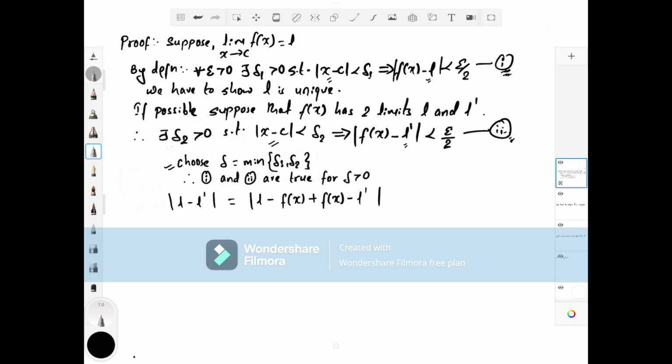We have subtracted and added f of x. Now using the triangle inequality, we can write this as less than or equal to modulus L minus f of x plus modulus f of x minus L prime, because modulus of a plus b is less than or equal to modulus a plus modulus b. This is the triangle inequality, and we have used that here.